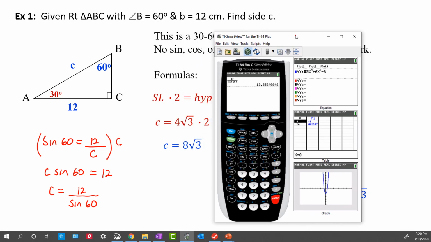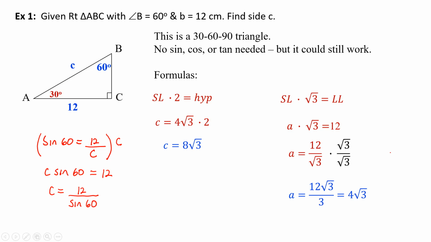Now, my original C value was 8√3. So I'm going to check and see if that's the same value. I'm going to pop in 8 times √3, hit enter, and the calculator gives me the exact same value, so I must be good here. Alright, so 13.9 is our total here.